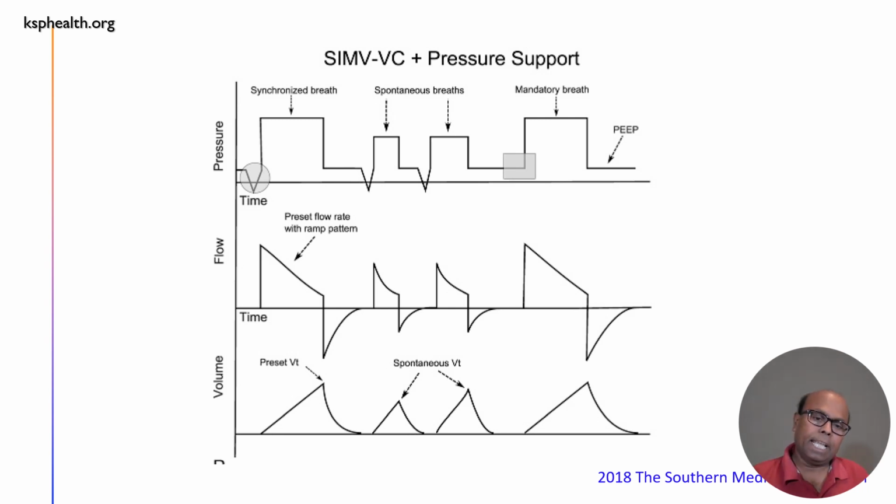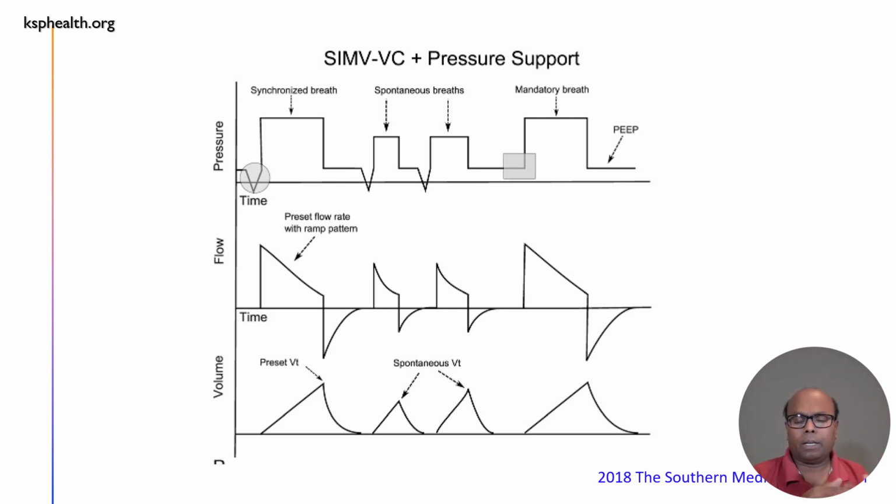This is the SIMV volume control with pressure support. So what is synchronization? The ventilator synchronizes with the patient's breath. The ventilator recognizes the patient's breaths by changes in the flow or changes in the pressure in the airway system.